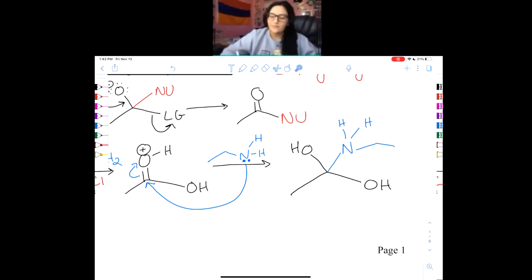Okay. So at this point, we have a charge right here. What is that charge going to be? When nitrogen has 4 bonds, plus, exactly. All right, so how do we get rid of a plus charge when we have hydrogens present?